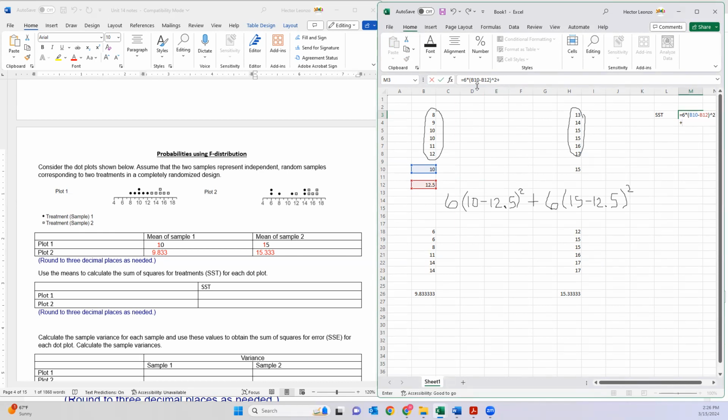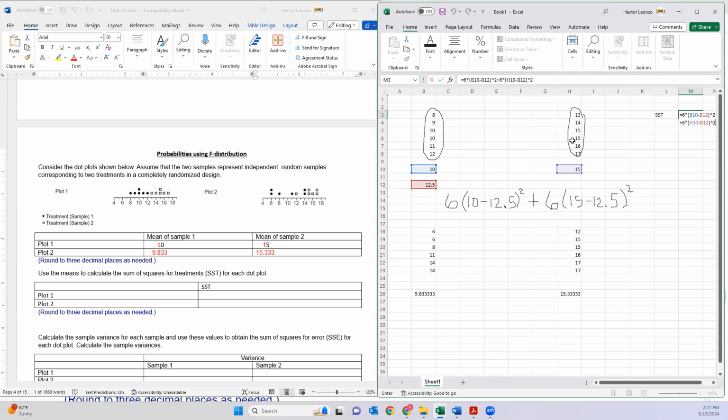and then plus, I go 6 times, open parentheses, and I'm going to have 15 minus 12.5, close parentheses, and to the second power. Again, when I wrote this by hand, I wrote the numbers that I needed.